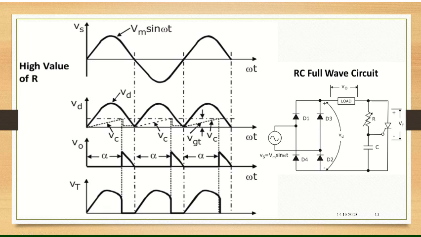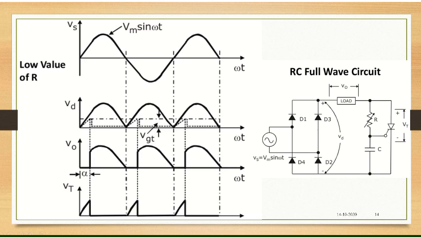So VT will be following this VD till it turns on. Once the SCR is on, the voltage across the SCR will be 0. So it goes back and it will be following VD. Now this is the condition when the R value is quite high.